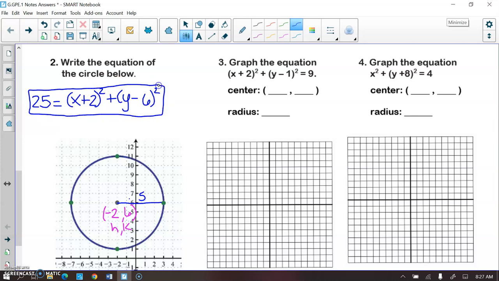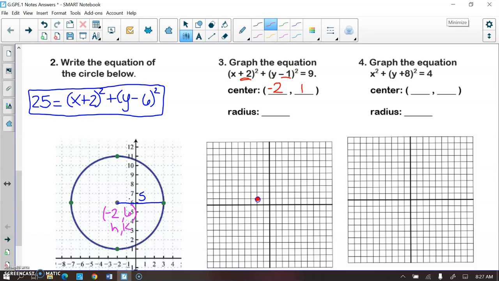Now the next two, this time we're given our equation. We're going to find the center and radius, and then we're going to graph. So for this one here, our center is the opposite of what it always looks like in our equation. So this looks like a positive 2. It's really a negative 2. And this looks like a negative 1. It's really a positive 1. So my center is at negative 2, 1.